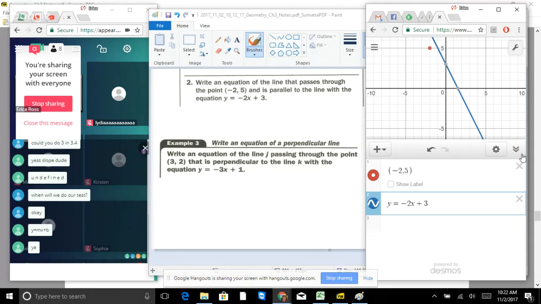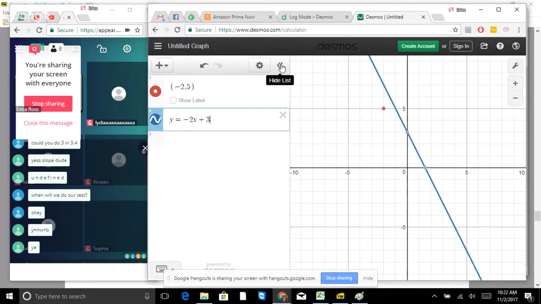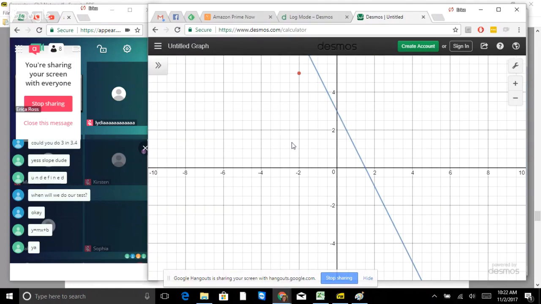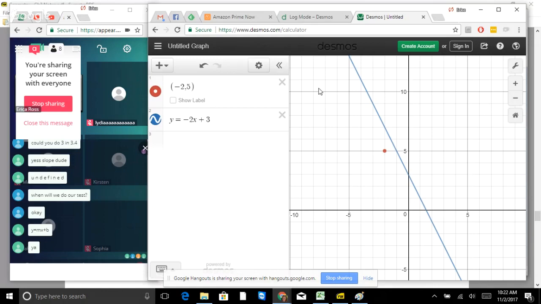Let me pull this up a little bit bigger here. Just another side note, because you're going to see it on your PSATs and all that stuff. This blue line here is a graph of y equals -2x plus 3. This blue line is all of the answers to this equation.